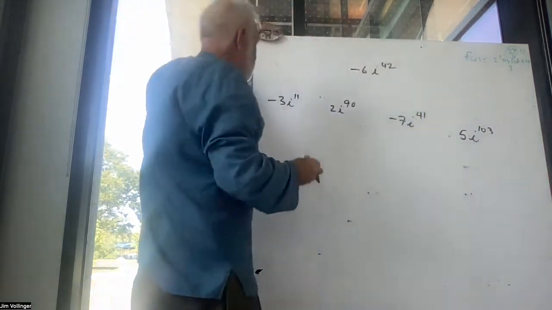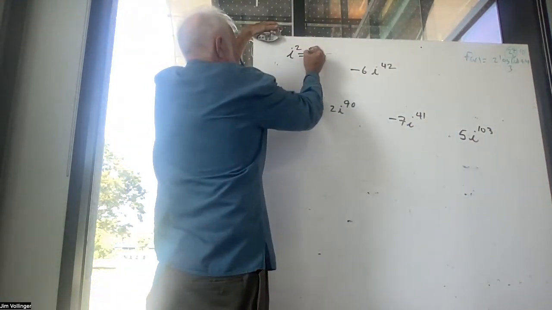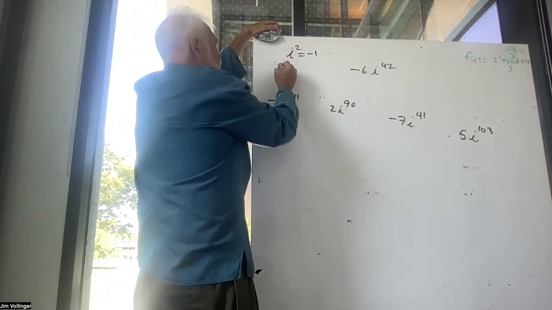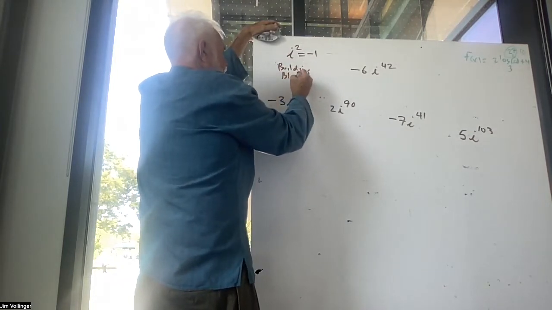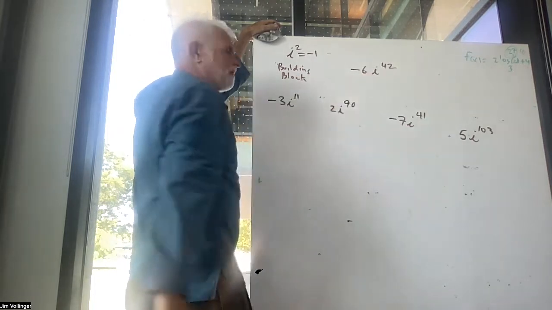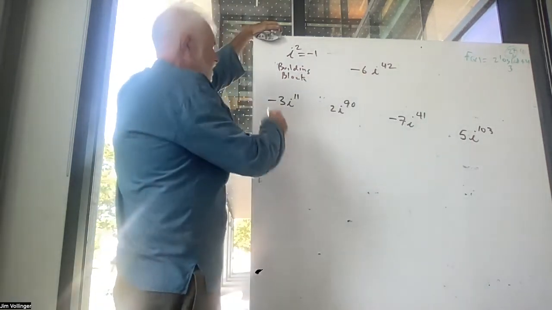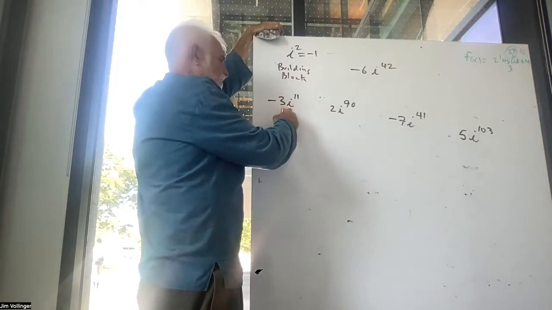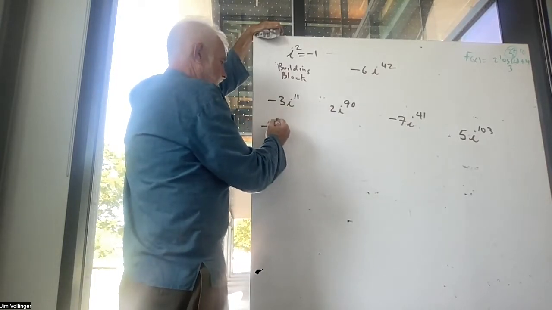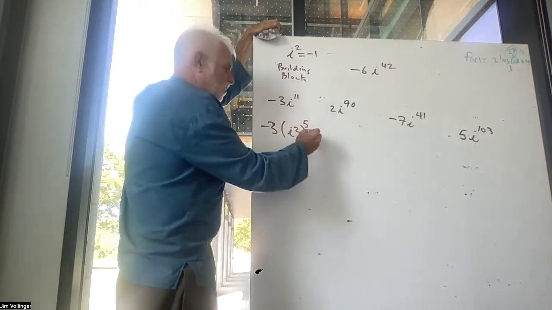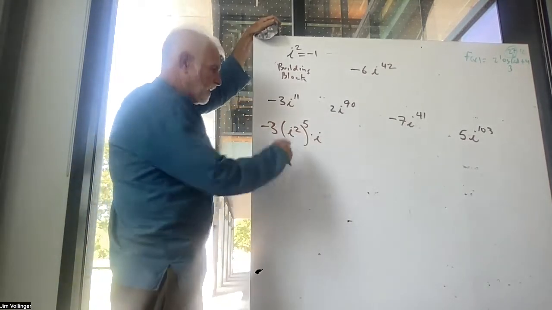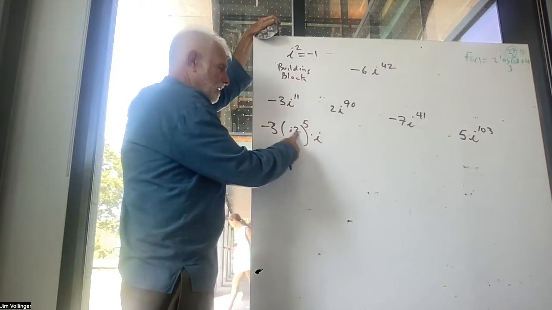All right, so what do we know? We know i squared is negative 1. This is a building block. That knowledge allows us to simplify every single one of these. So how many i squareds are there in 11? If you said 5, you'd be right, but we need one more. All right, and what is i squared? Negative 1.